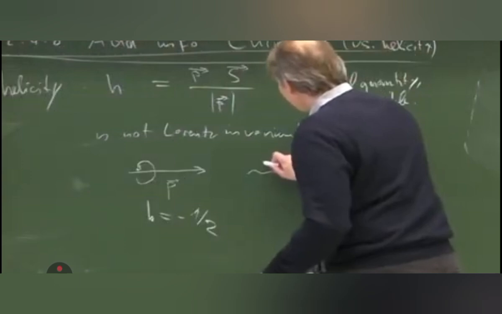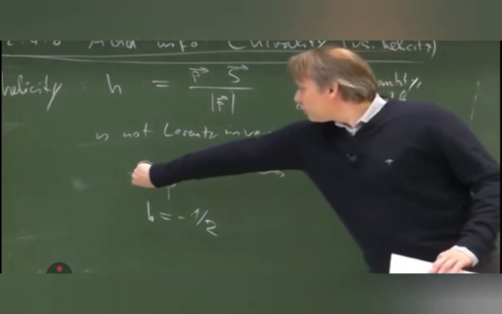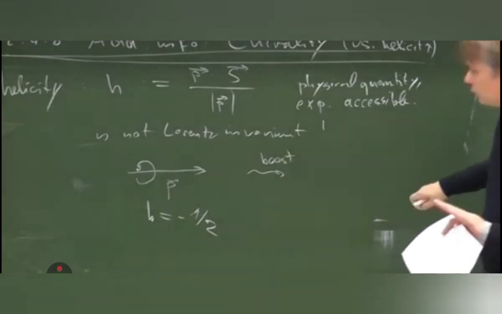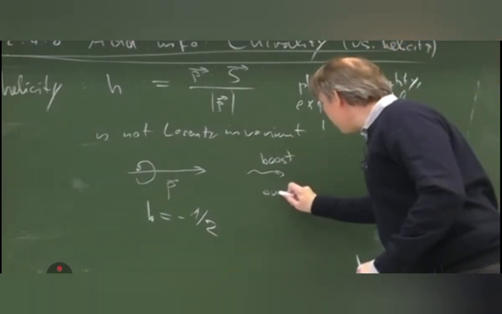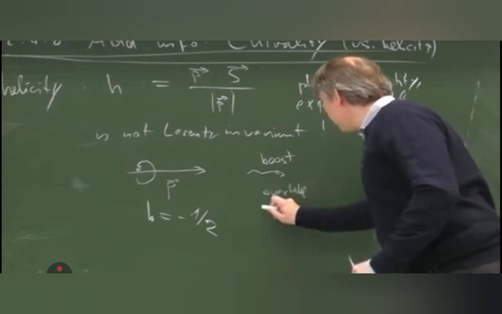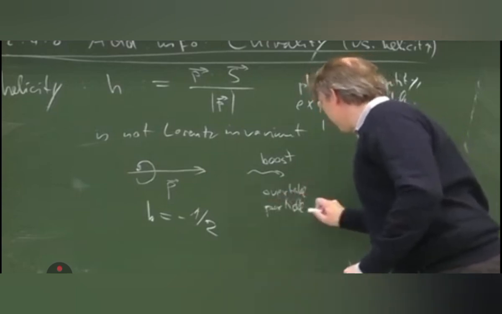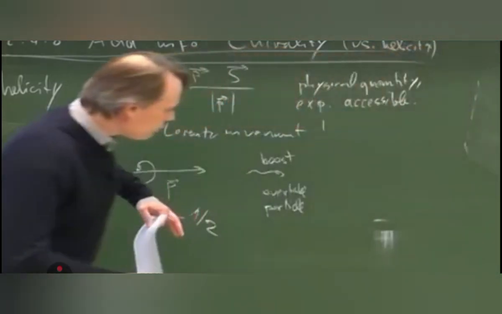Then let us do a certain boost, such that the observer goes in the same direction as the particle, but overtakes the particle. So it runs faster than the particle. What happens if you overtake this particle? You as an observer are now moving in the same direction, the particle is left behind you, so the momentum of the particle changes its direction.